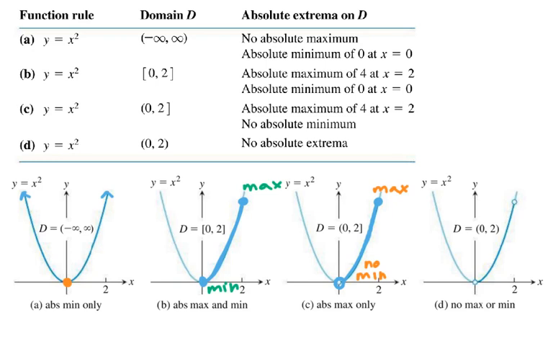And then on our last example, looking from 0 to 2 as an open interval, because we'll never be able to reach the value at x equals 0 or the value at x equals 2, there is no absolute max or min. So we could still have a relative max or min on that interval. So I'm going to encourage you right now to pause the video, make sure you understand the difference between these 4 pictures if we create different domains.